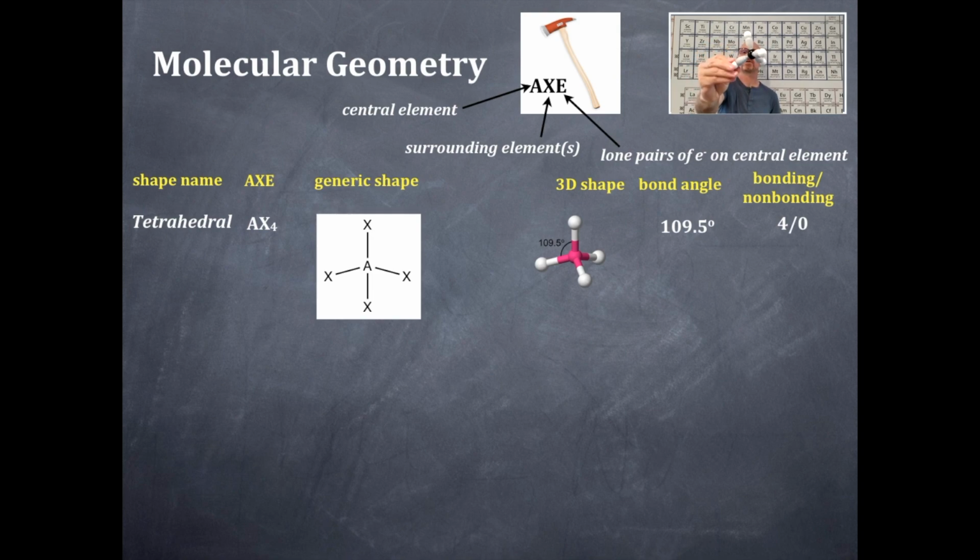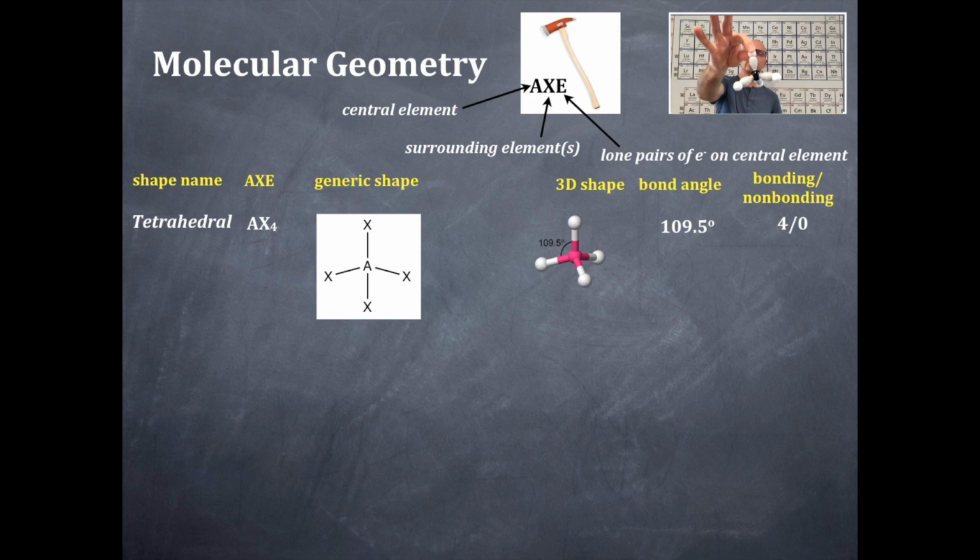The gray things here are the bonds. That's the pairs of electrons bonding the central and the outside elements. Okay, the bond angle on this is 109.5 degrees. The white things are at the corners of a tetrahedron, and they are as far away as possible. And that's why it leads to 109.5.